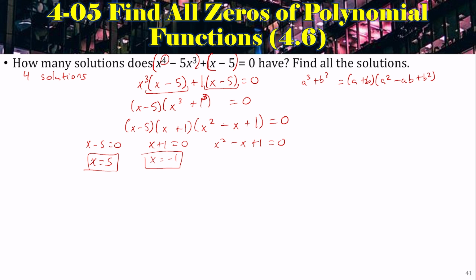However, when you get the quadratic out of factoring the sum of cubes, it's not going to be factorable, so we're going to have to use the quadratic formula. Negative b plus or minus the square root of b squared minus 4ac all over 2a. So this looks like we have 1 minus 4 is -3.